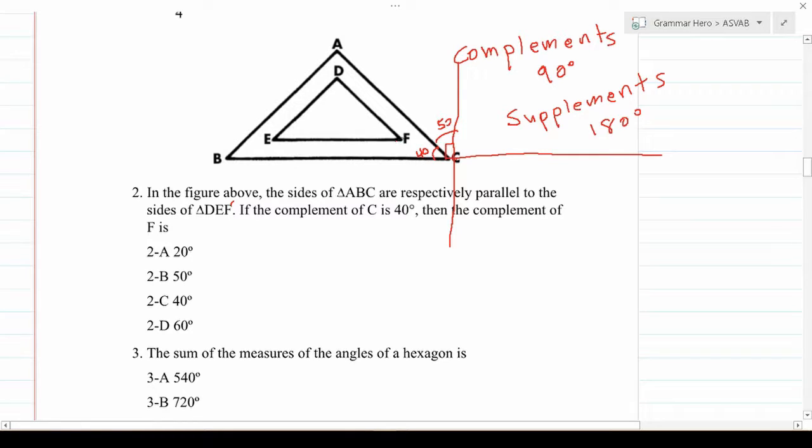Now, since these are parallel, we also know that this is going to be a straight line, and it's also going to be complementary, so we got to think of another right angle right here. Again, you just have to understand this is going to be 40 since these are parallel, and this is going to be 50. That's all the question's getting at. It's just worded very poorly in my opinion, so the answer would be C, of course.